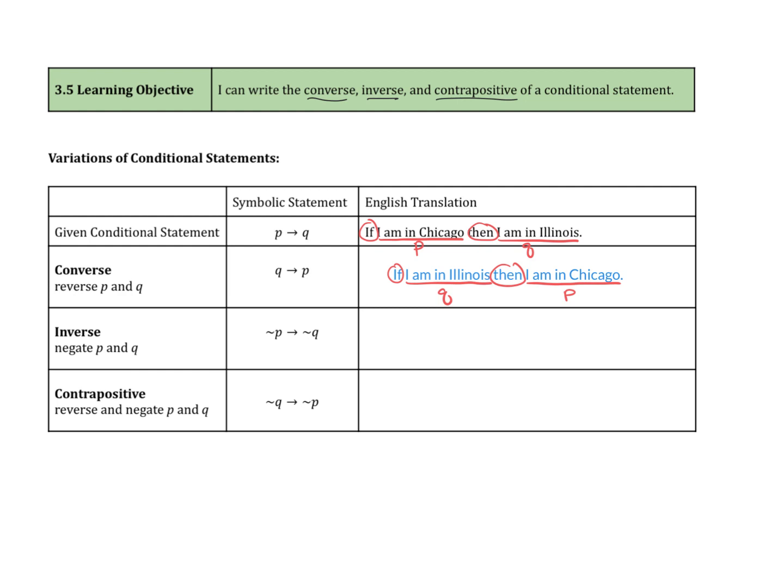The inverse doesn't reverse the statements, but it negates them both. So both P and Q get negated. Comparing this to our original statement, if P then Q, we keep P in the front and Q as the second part, but they both get negated. So the inverse of that original statement, "if I'm in Chicago, then I'm in Illinois," is "if I am not in Chicago, then I am not in Illinois."